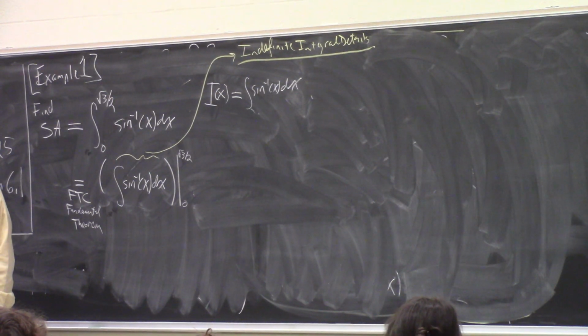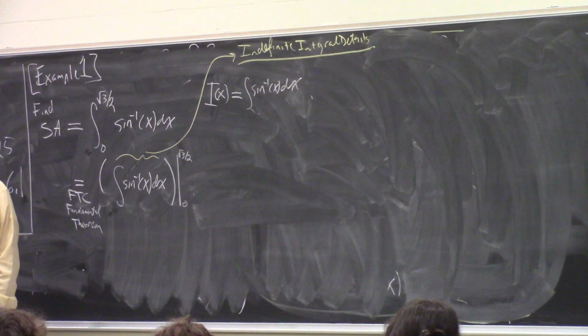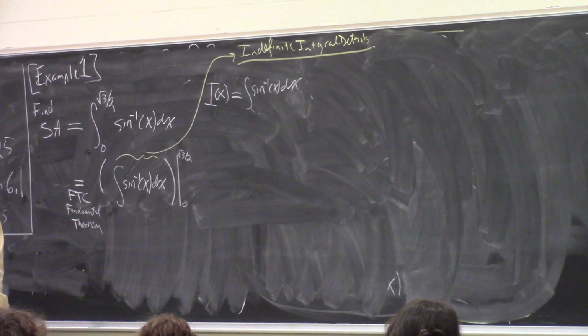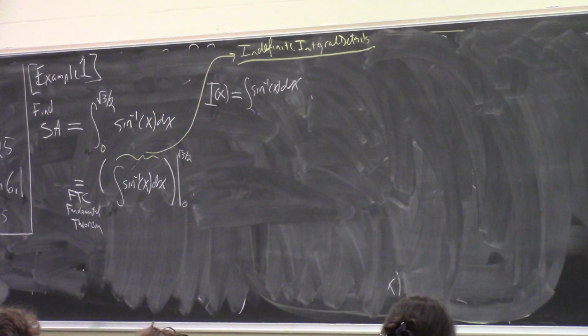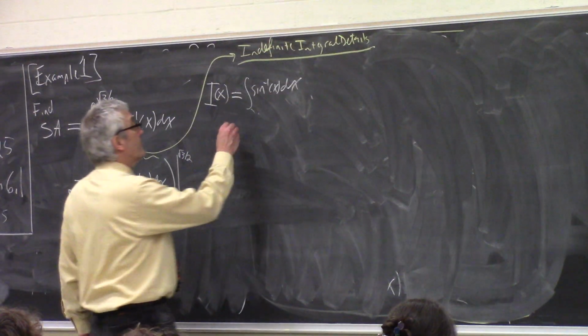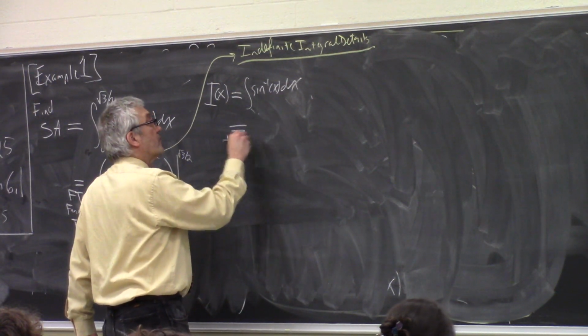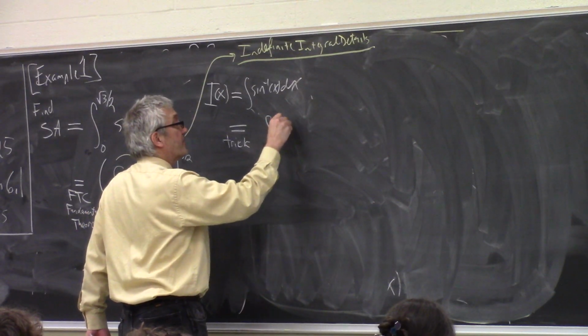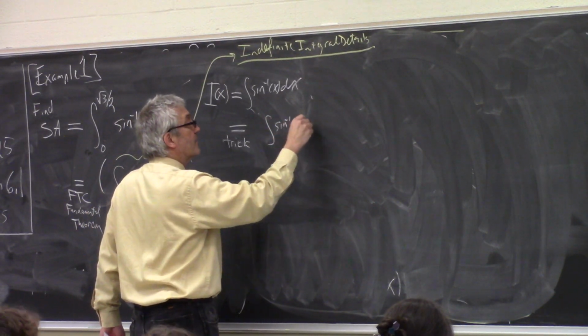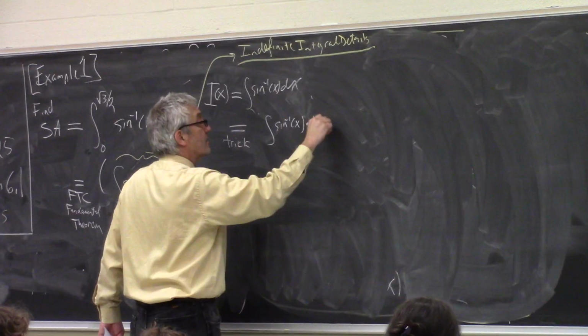But we do know how to find the derivative of sine inverse of x. So we should arrange things so that instead of having to find an antiderivative of sine inverse of x, we're going to find the derivative of sine inverse of x. So we're going to do a trick. We're going to write this as sine inverse of x times the number 1.